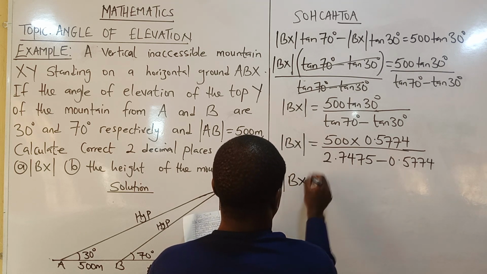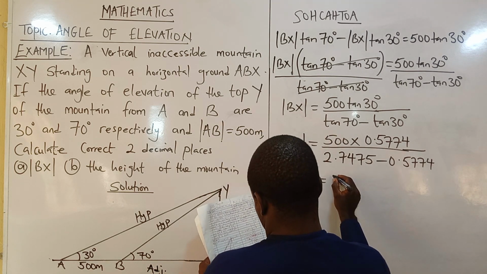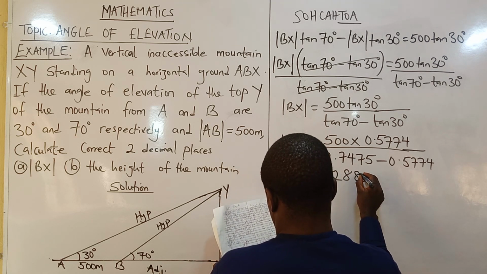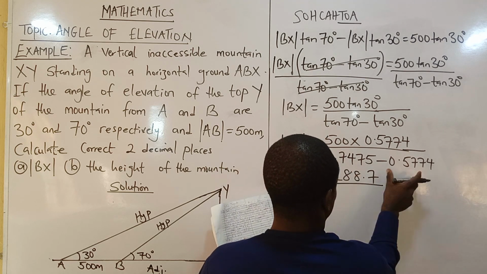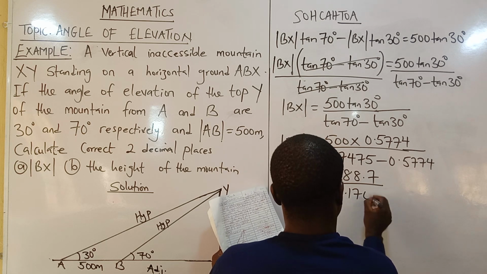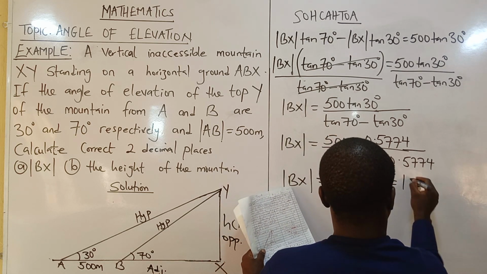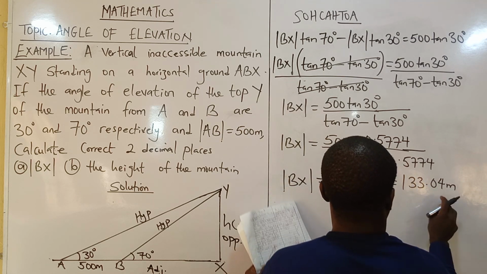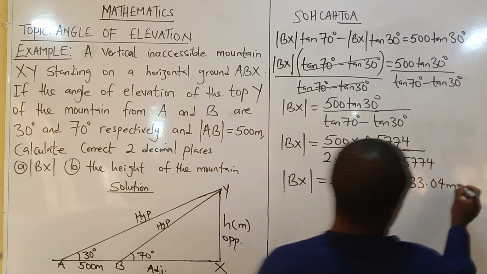Now line BX equals, when you multiply the numerator, you're having 288.7, divided by the subtraction of the denominator, you're having 2.1701. When you divide, you're having 133.04 meters, to two decimal places.